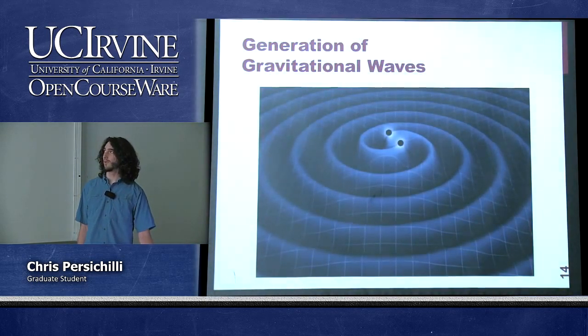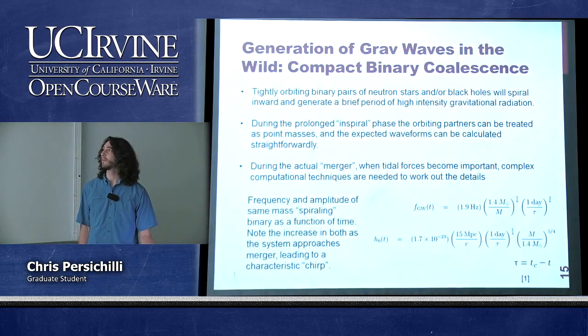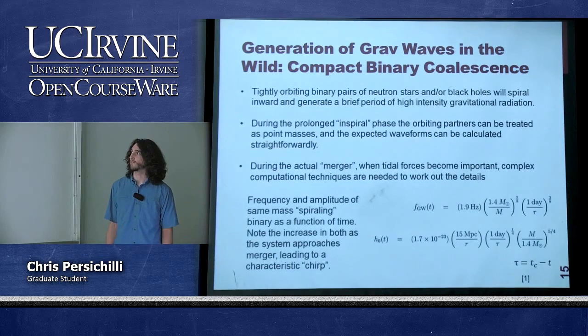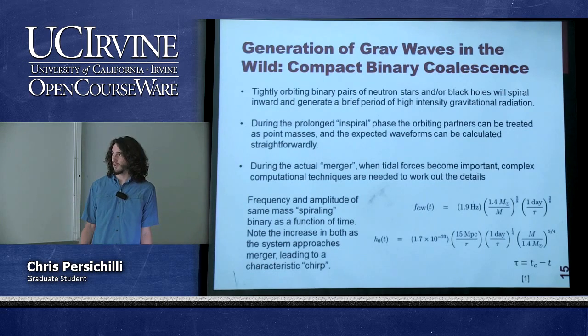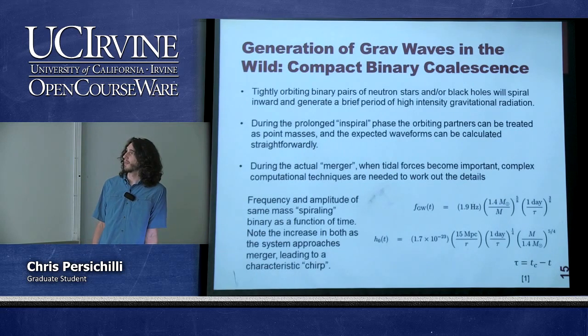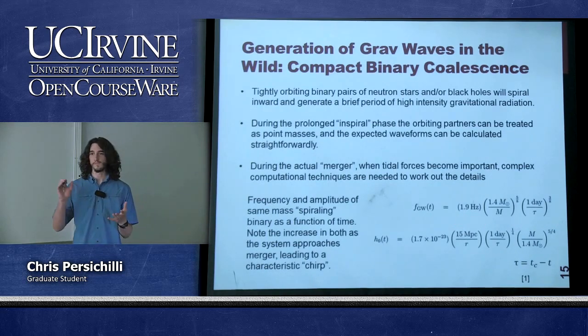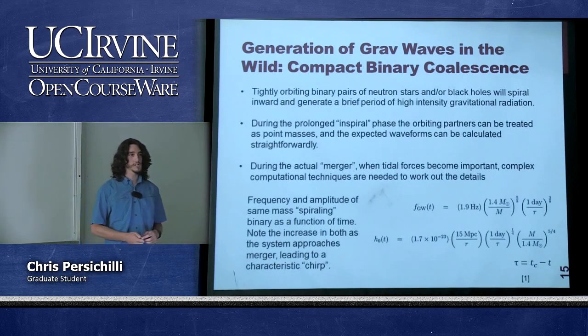Okay, so now a little bit more about how these things are actually generated. In the wild, gravitational waves that we expect to see with our interferometers are going to be produced by similar objects to what Hulse-Taylor discovered, these co-rotating neutron stars or black holes. I won't dwell too much, but you can derive expressions in the mode where they're not so close that they're actually merging and you need to do advanced computational calculations.